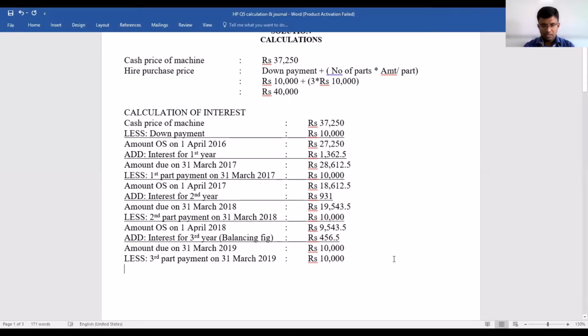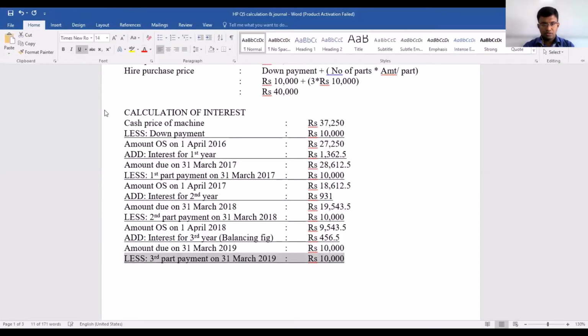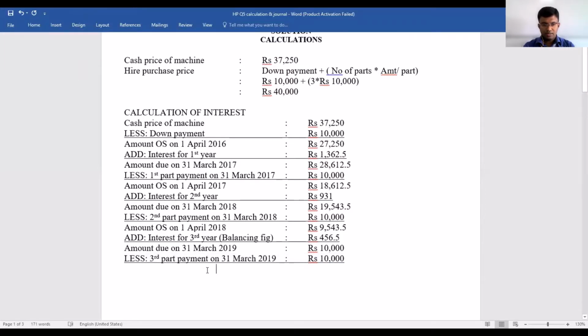And when you take the difference between the two, you would notice that the balance amount is actually 0. Okay, so with that, we have completed the interest calculation. We have calculated the first set of computation, which is the interest calculation.